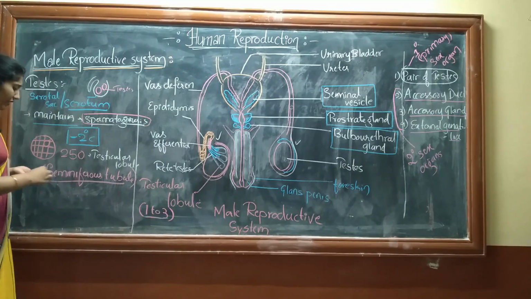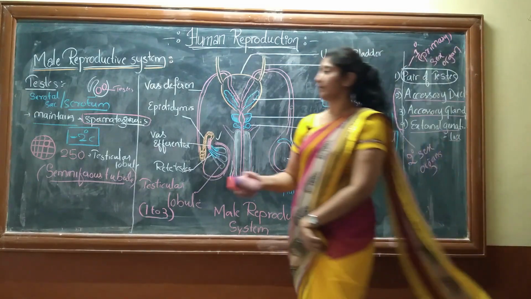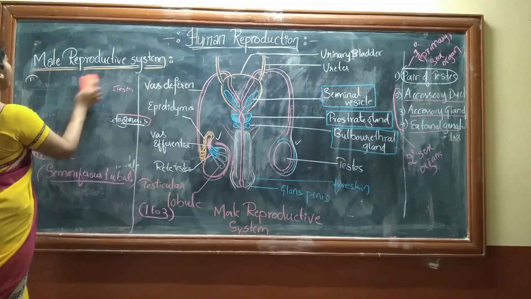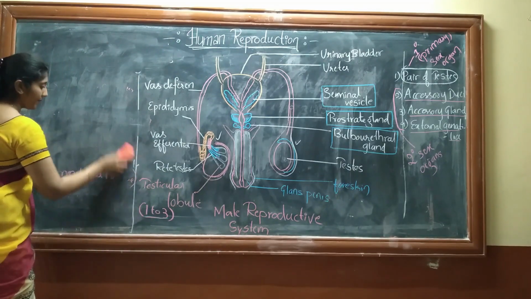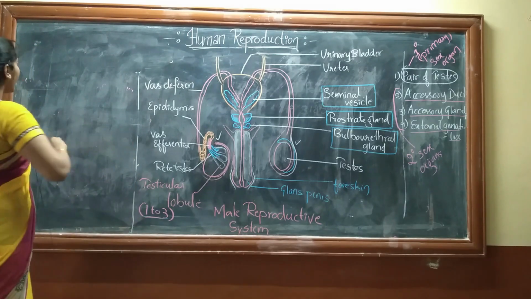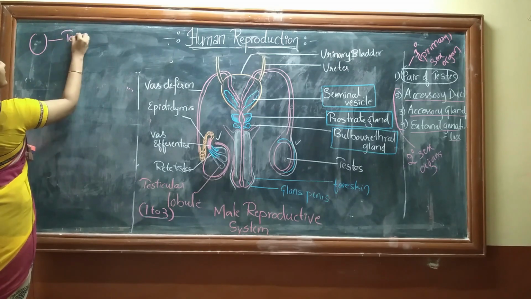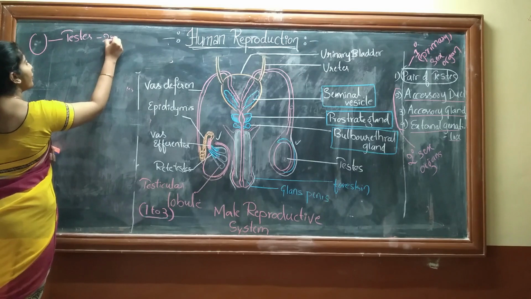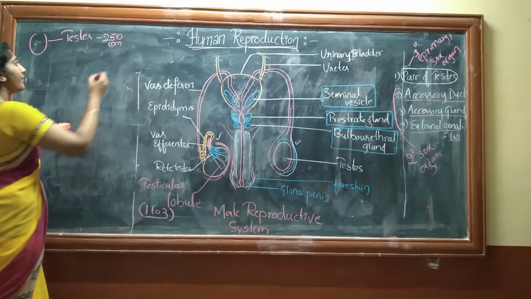So in testes there are around 250 compartments. Compartment means rooms.